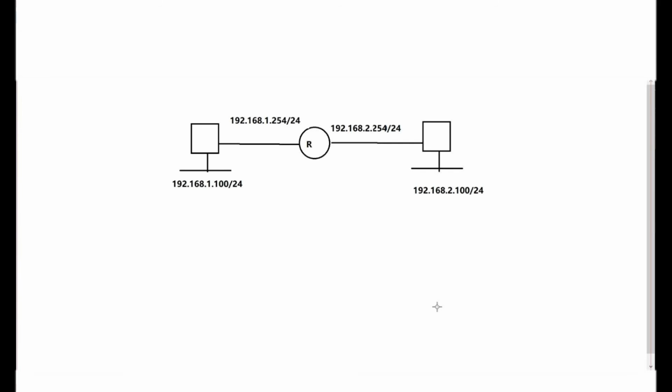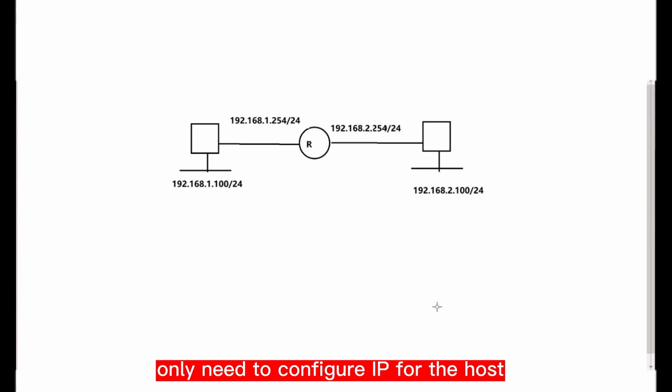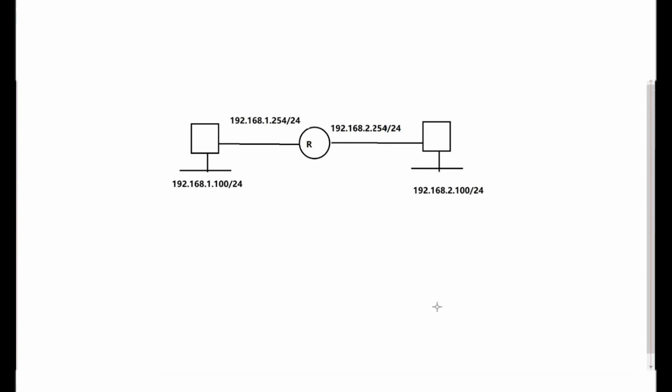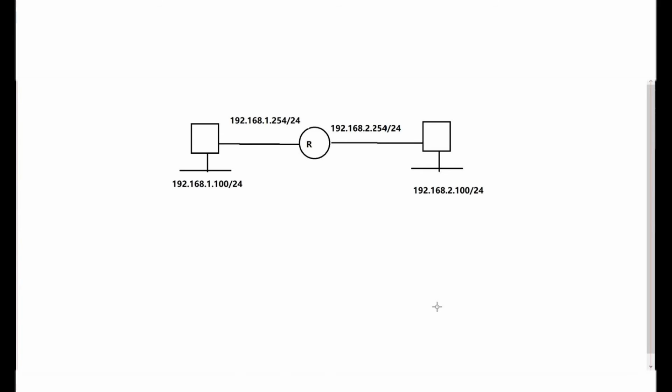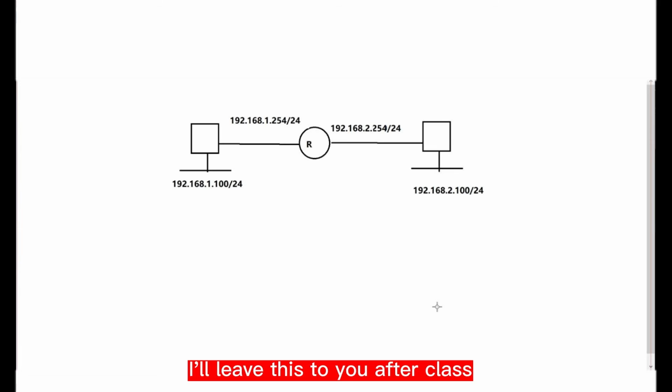That is, you only need to configure IP for the host and configure IP for the two interfaces of the device. The rest do not need to be configured. And see if they work. It doesn't work if only the address is configured; the two of them are incompatible. I'll leave this to you after class. I won't show you in class.